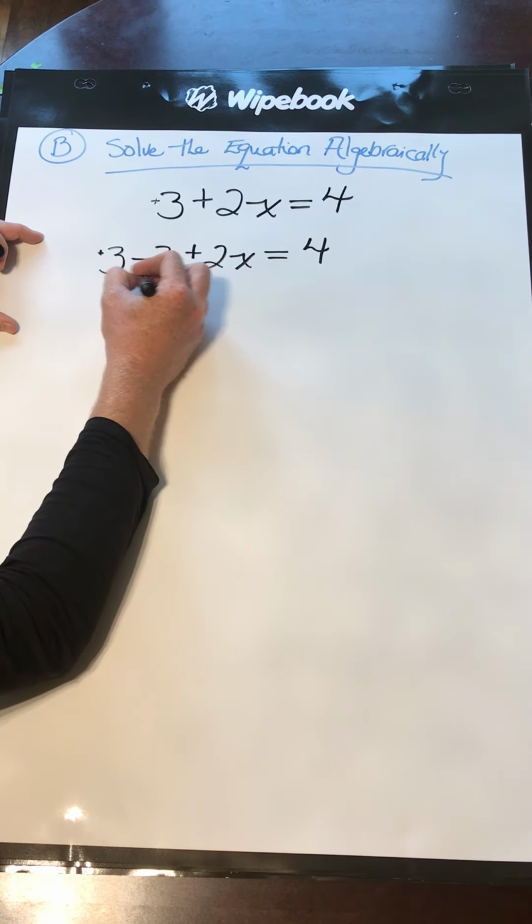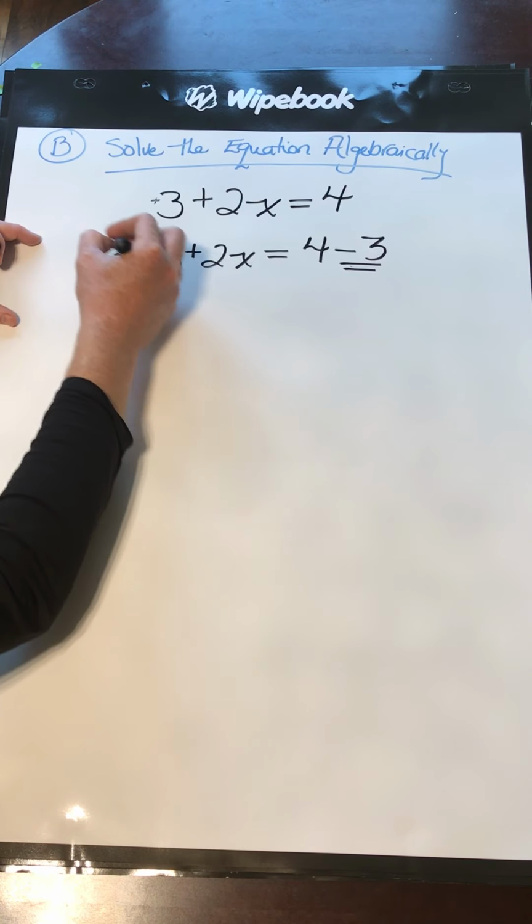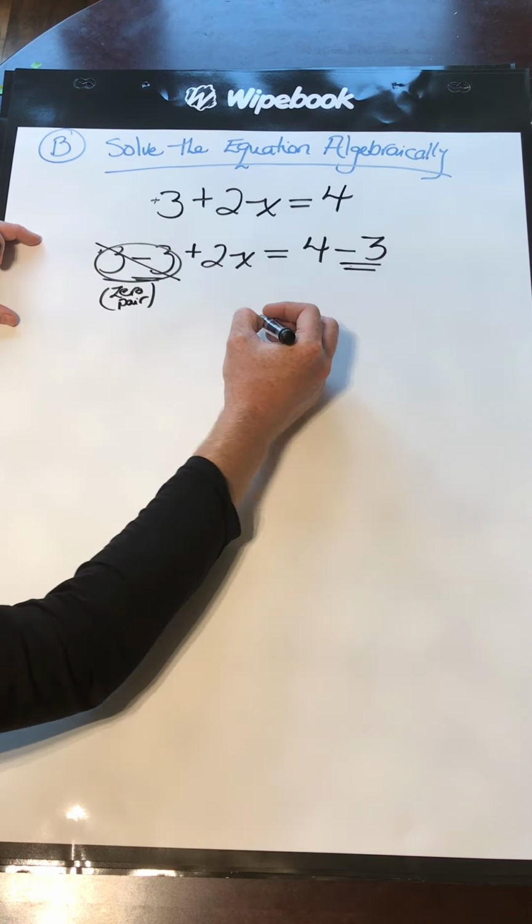And the next thing I want to do is simplify. Well, here, what I've done by using the inverse operation is I've created a 0 pair. So these cancel out, okay? And on the left side, I'm left with 2x.